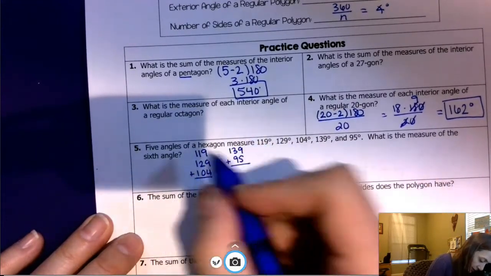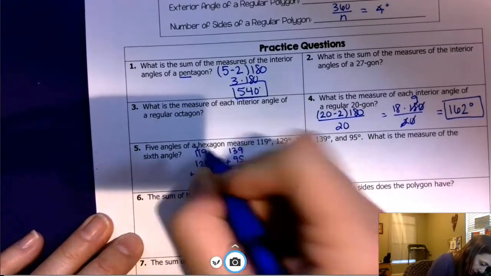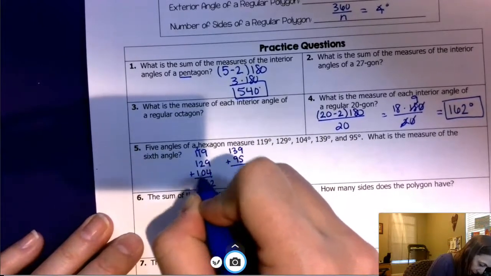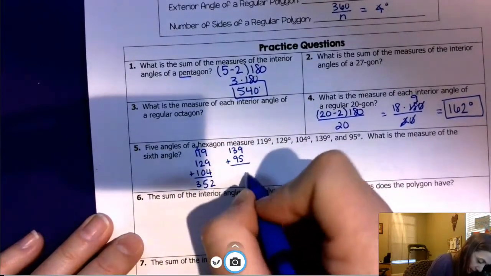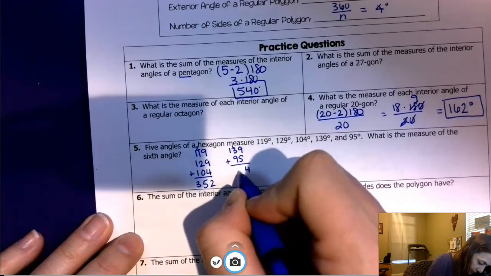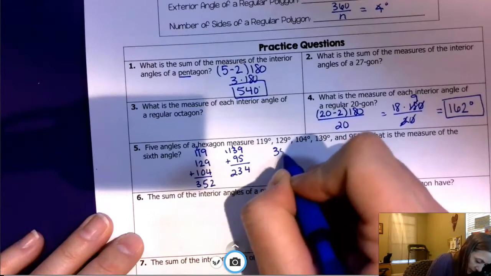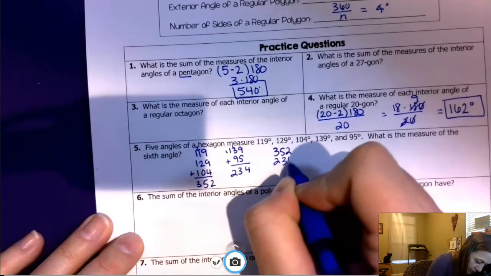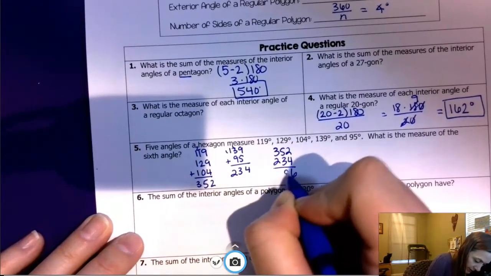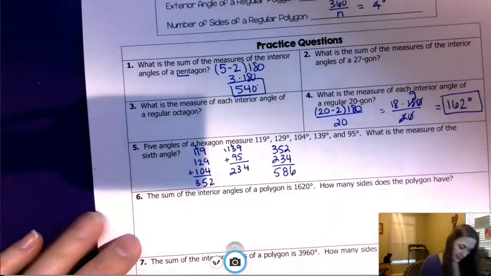Add these all together, and I get 352 plus 234, which is 586.